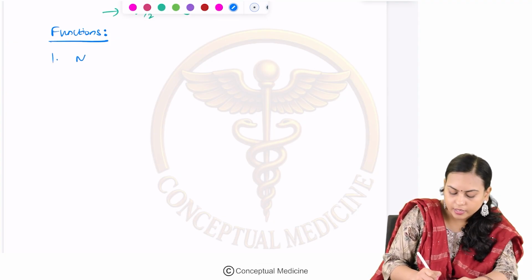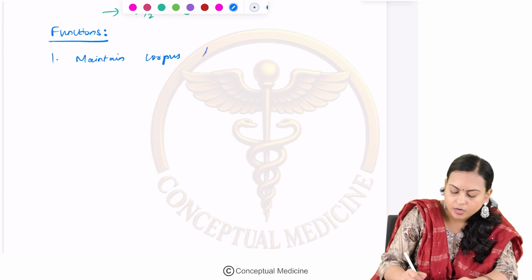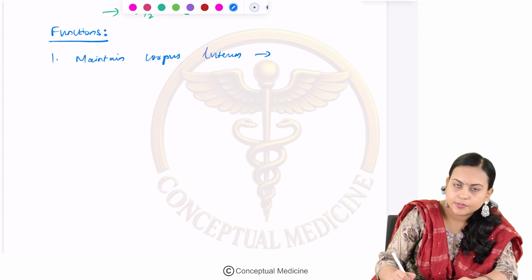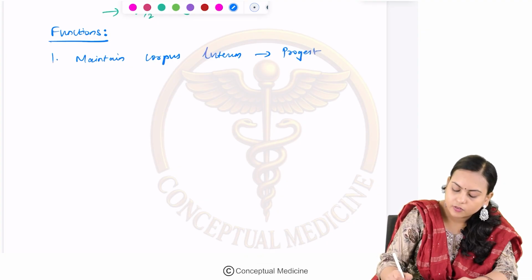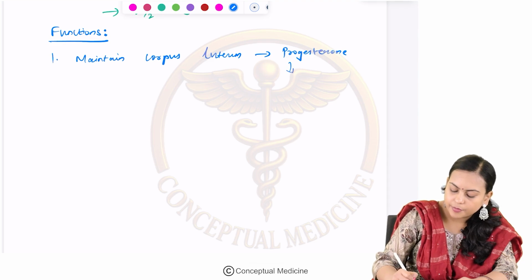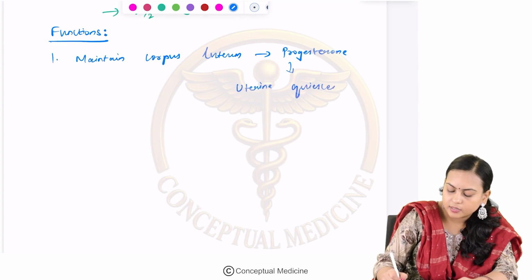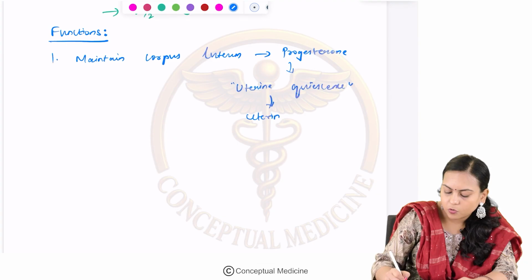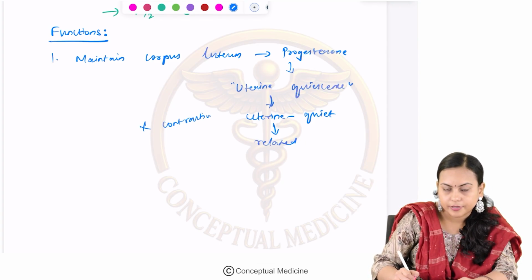Now, we will see the various functions of human chorionic gonadotropin. Number 1, it maintains the corpus luteum and helps in secretion of progesterone by the corpus luteum and thus brings about uterine quiescence. Uterine quiescence means the uterus is going to be quiet, relaxed and the contractions are inhibited.